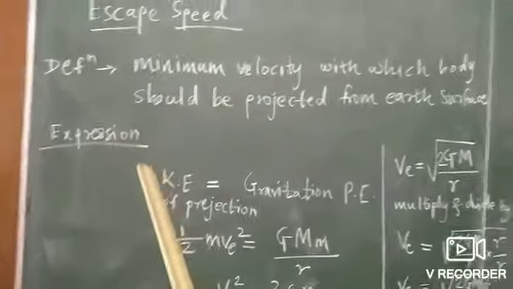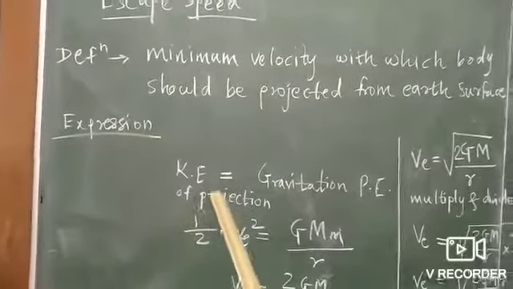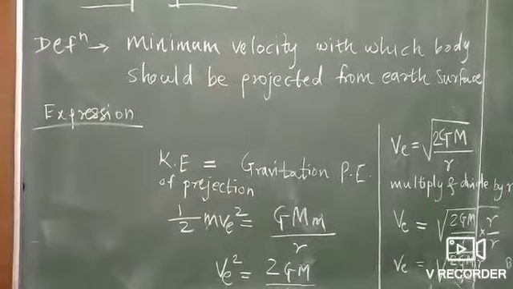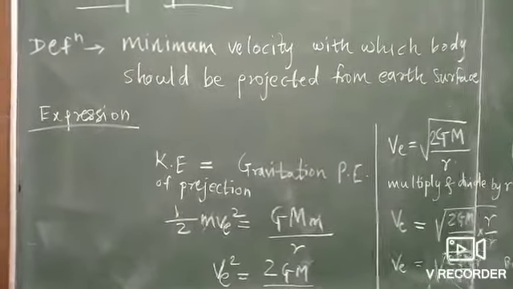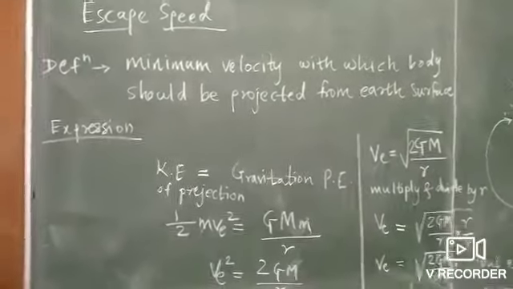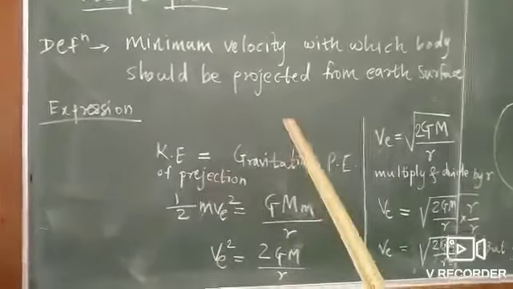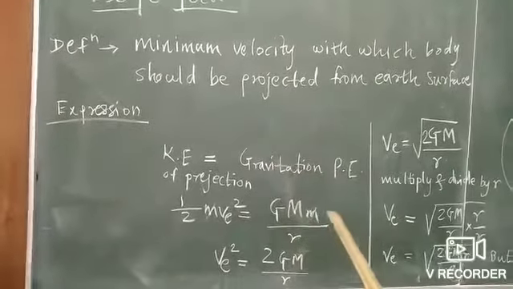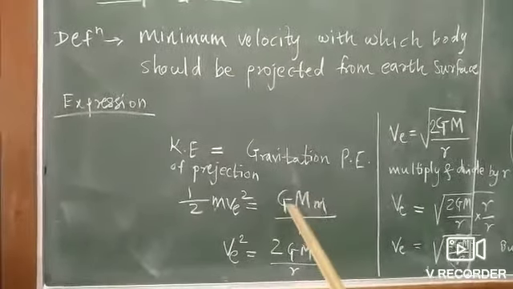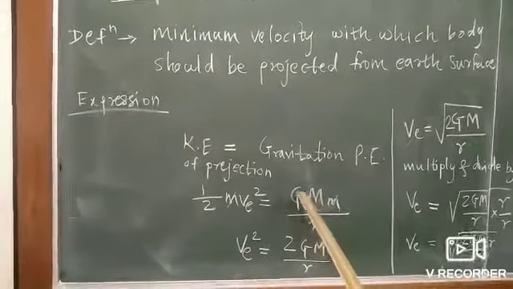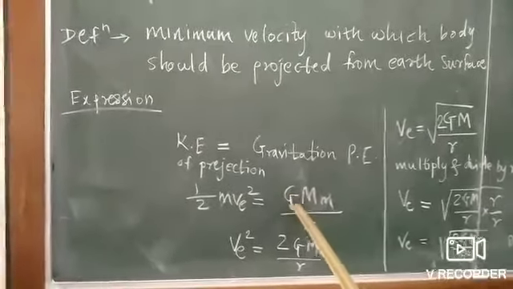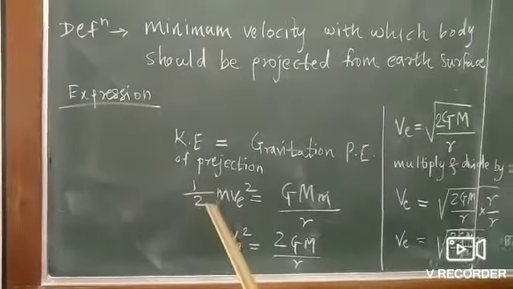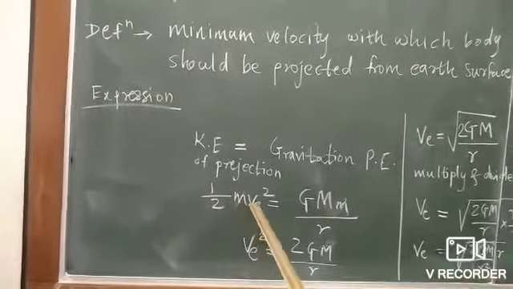So let us try to understand the derivation for it. For that, we consider the kinetic energy of projection equal to the gravitational potential energy. As we have learned already, the expression for gravitational potential energy is U equals minus GMm upon R. Here we are taking it as plus because it is numerically equal to plus GMm upon R. The kinetic energy of projection, you already know, is half mv square.